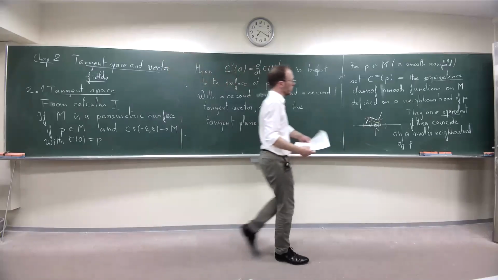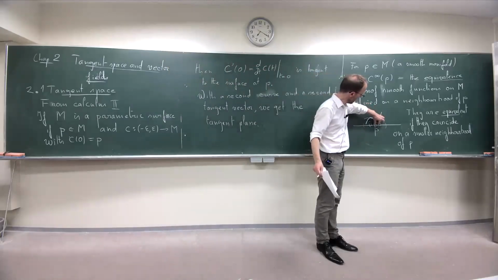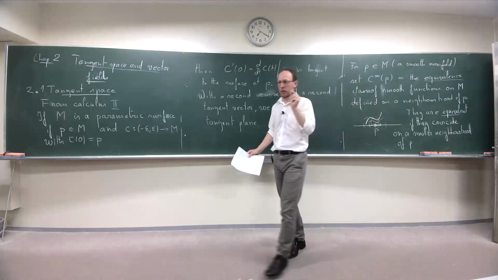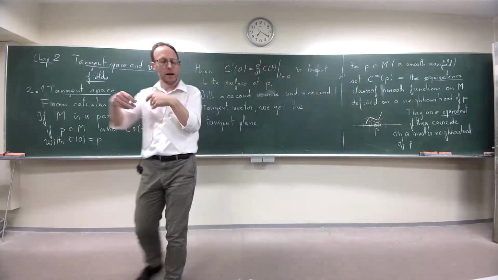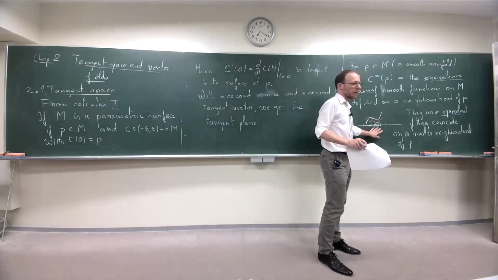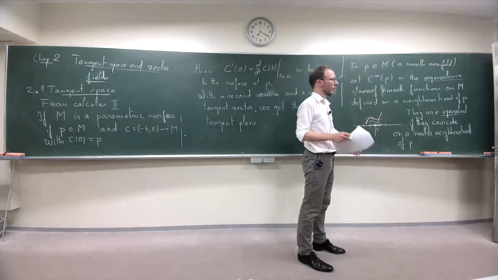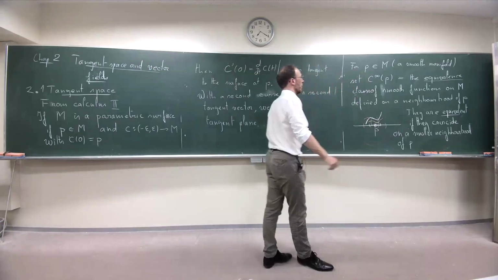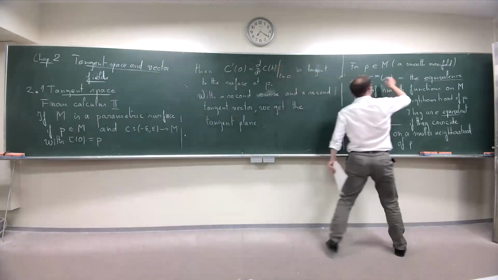So I really want to keep only the information locally around P. Two functions which are different except on a small interval around P are in the same equivalence class. They are equal. And observe that this is well defined.